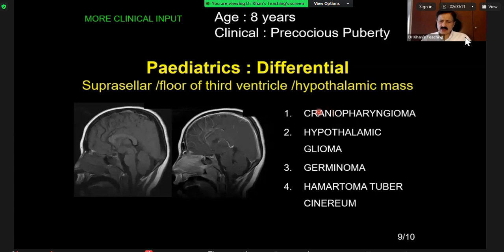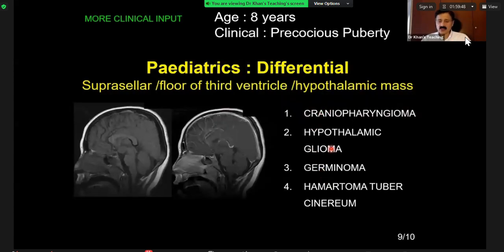This will be our differential diagnosis: craniopharyngioma, hypothalamic glioma, germinoma, and hamartoma of the tuber cinereum, or you can simply use the word hypothalamic hamartoma.